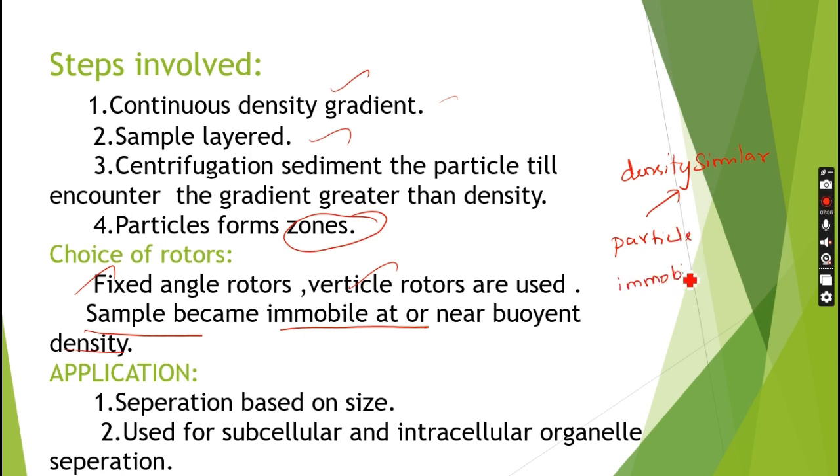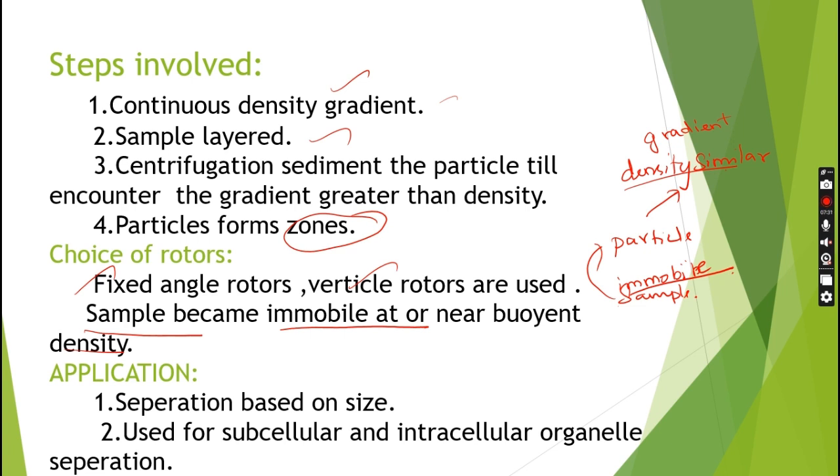That means a gradient density and the sample density are going to be similar. Due to this, a sample, that means a particle, is immobile. So, based on the density similarity, the separation is going to take place.